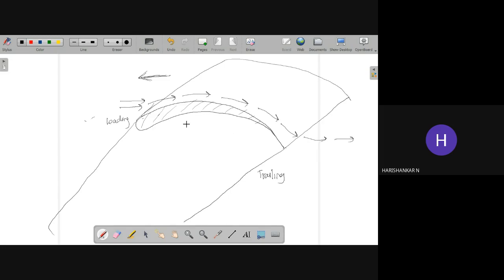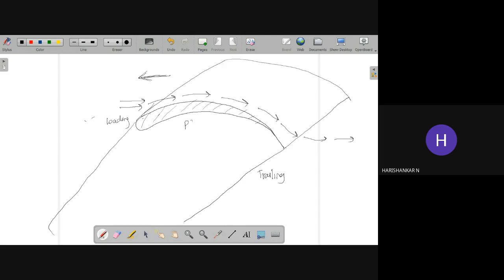But what about the condition here? In this region, there will not be any velocity for the wind. Why? Because it is curved, and here the wind will not come like this. In this way the wind cannot come to this zone, so this zone always has very little or almost zero wind velocity. You have studied that once the velocity is minimum, the pressure will be maximum.